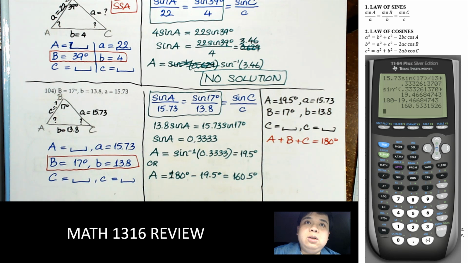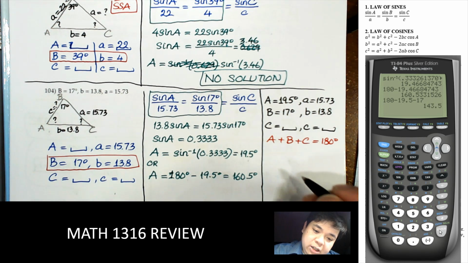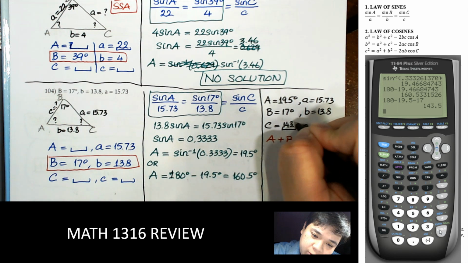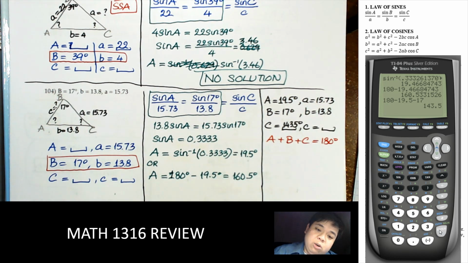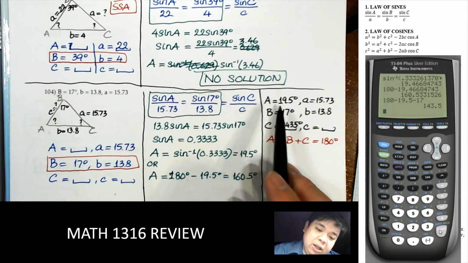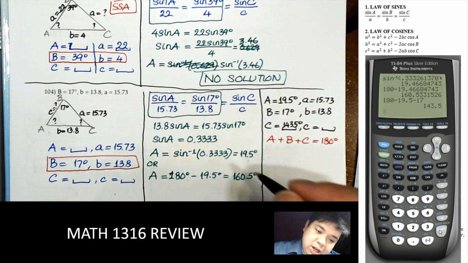So 180 minus 19.5 minus 17 is 143.5. 143.5, and finally we can use the law of sine to find C. So let's just do that again.